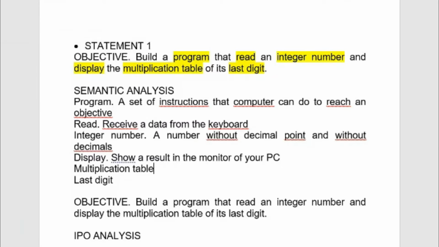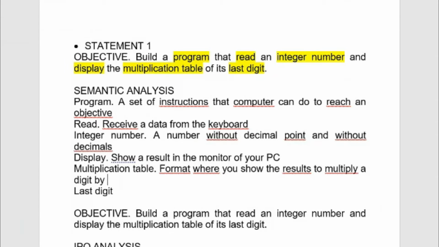Okay? What is a multiplication table? It's a format where you show the results to multiply a digit by the numbers from 1 to 10.